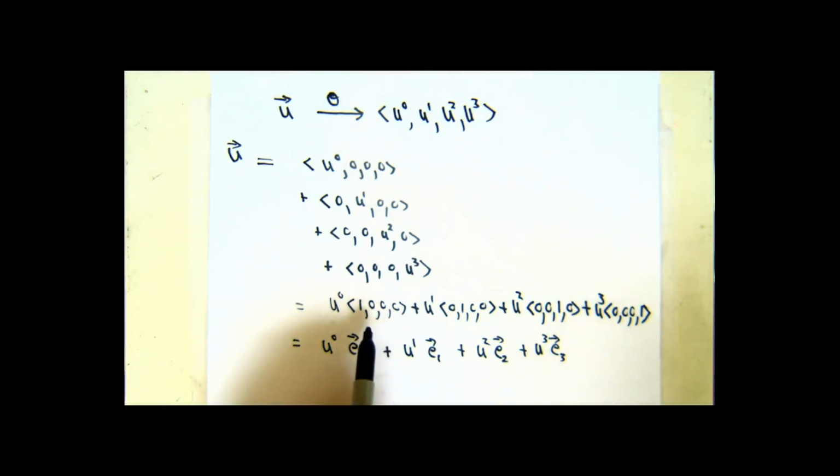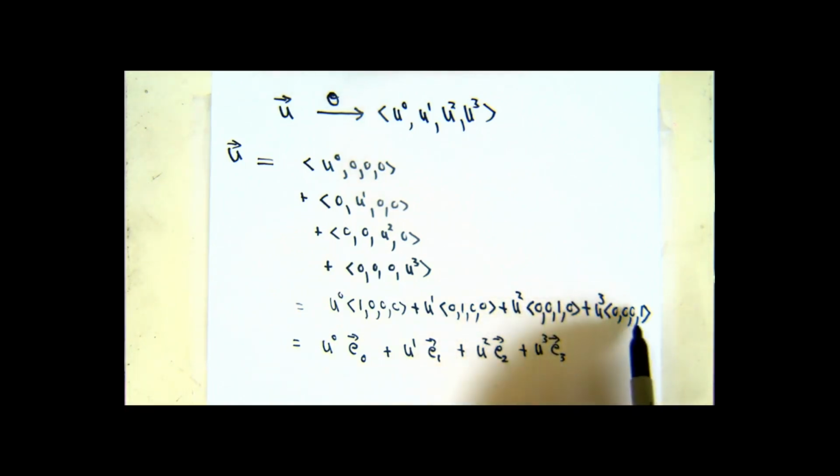In this one, you allow the time variable to increase by 1 unit, but you hold everything else the same. Here, you start at the origin, let the x-coordinate increase by 1, but keep everything else the same, and likewise for the last two vectors.